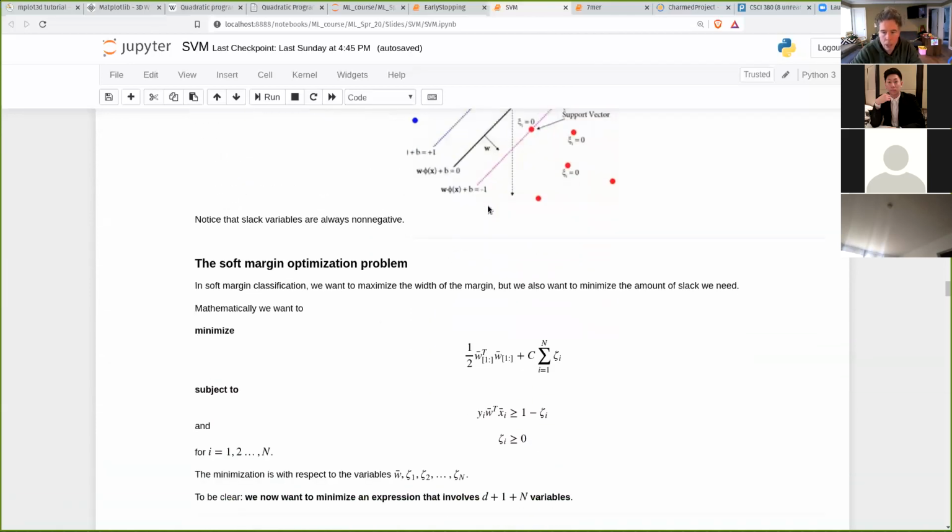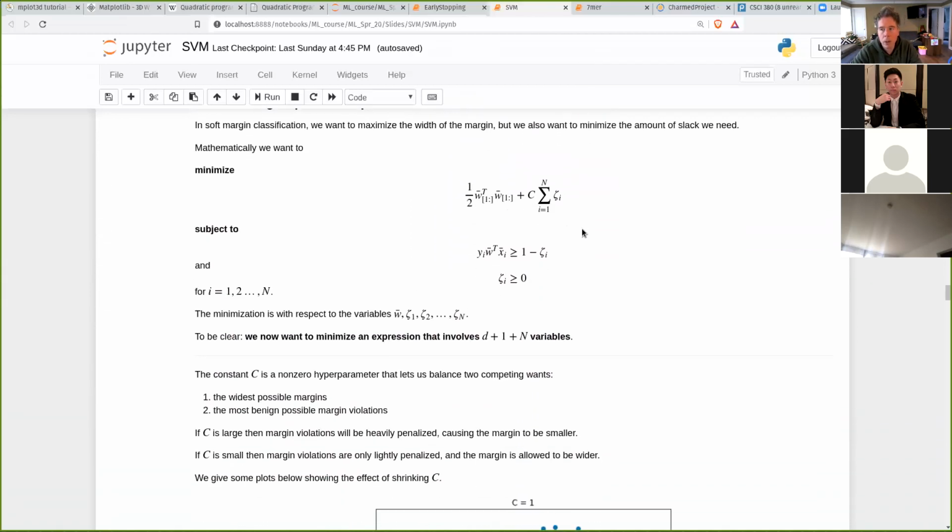So this is what it amounts to mathematically. This is kind of like augmented error. This C here is a hyperparameter, and it's a weight that determines how much we hate margin violations. If you really hate margin violations, then you want to crank up C and make it a really big number, and then it will really punish having big slack variables, which will narrow the margin, but you'll have fewer margin violations.